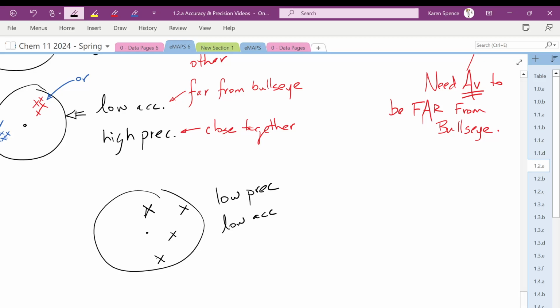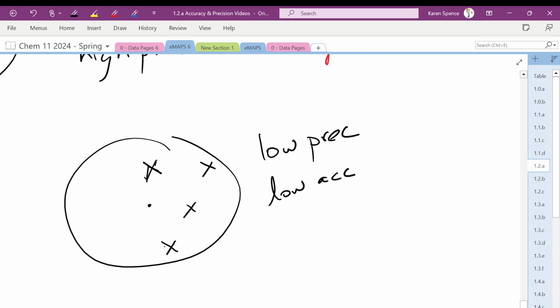Because the average of those points, I would say, is probably about here. I could even be less accurate by moving one over to here, and then my average would be about here.